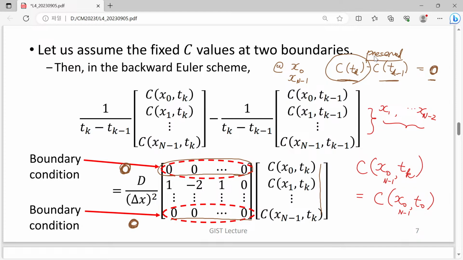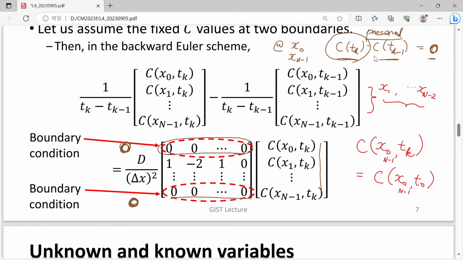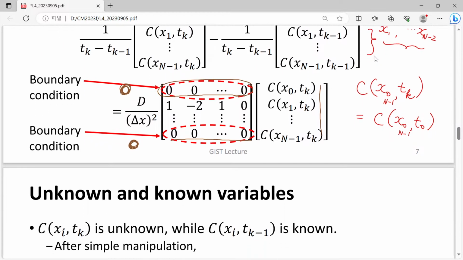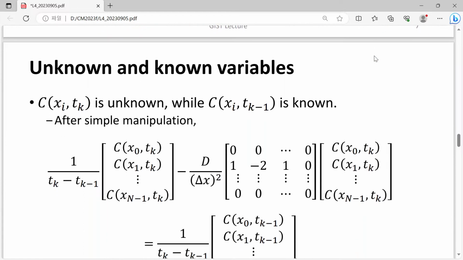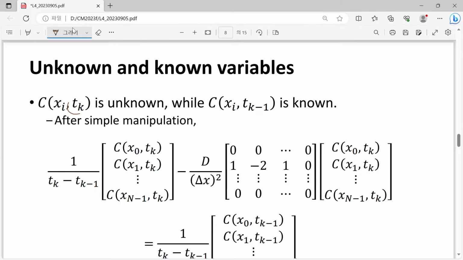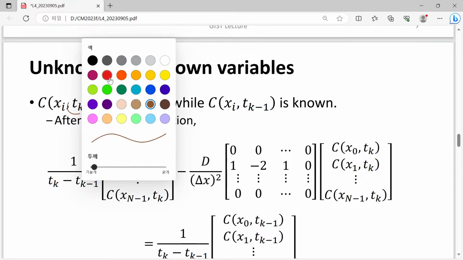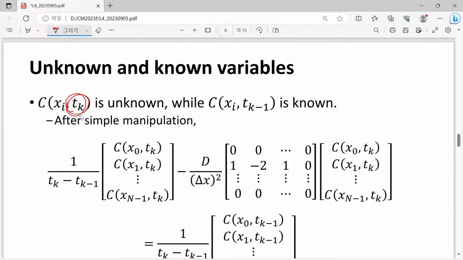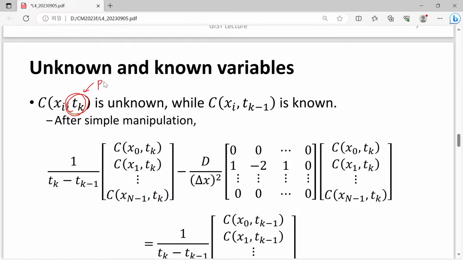So now if we have this kind of description, then we can make the solvable form first. Now we assume that at t sub k, the present values are treated as unknown variables. This is present.